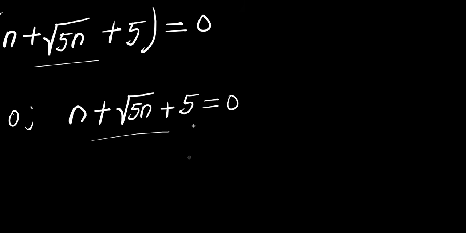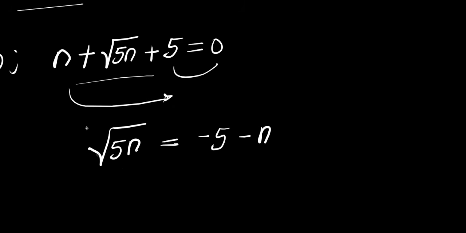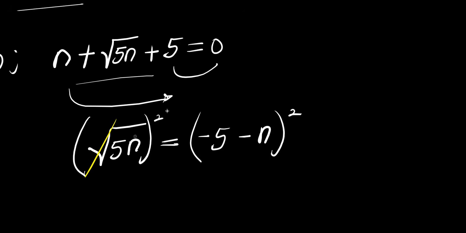For this one here, I move the 5 and the n across. Then I'll be left with square root of 5n equals negative 5 minus n. So from here, I take the squares of both sides. This cancels this.